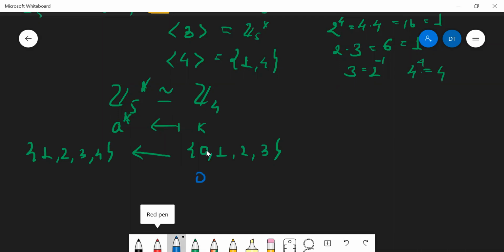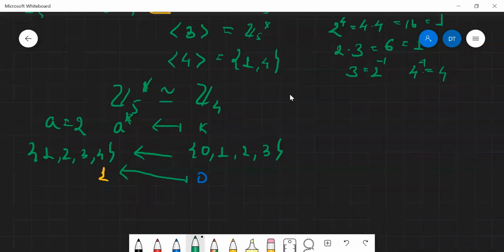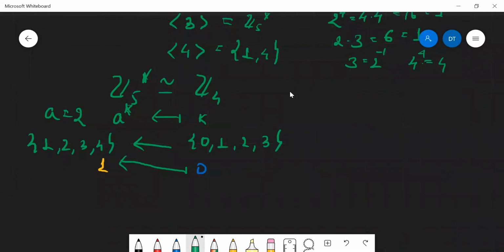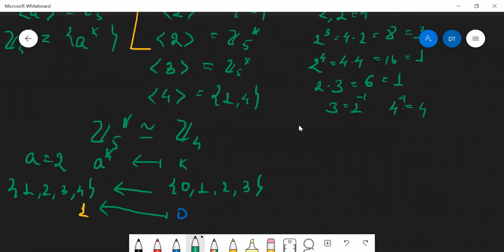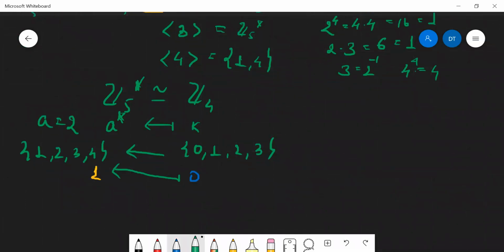The element 0 goes to the element 1, because you raise, well, I forgot to say, here your a is the element 2. So each element here is presented uniquely as a power of 2, and we have already computed all the powers here. So the element 1 goes to the first power of 2, which is 2.